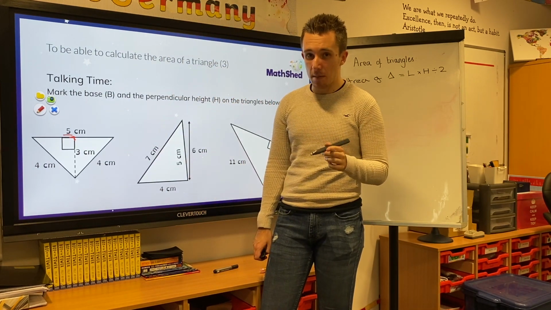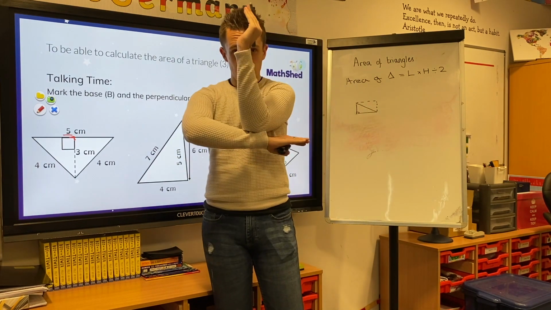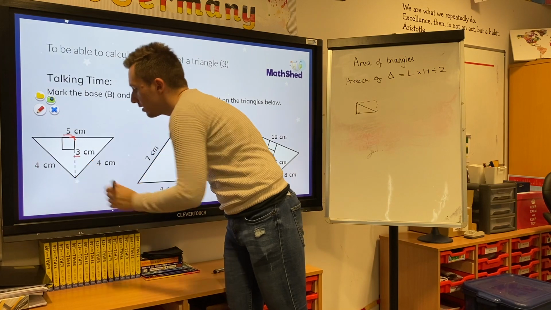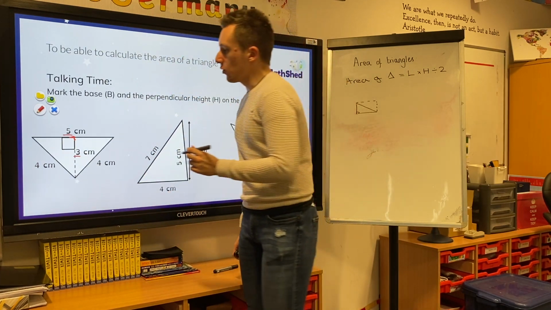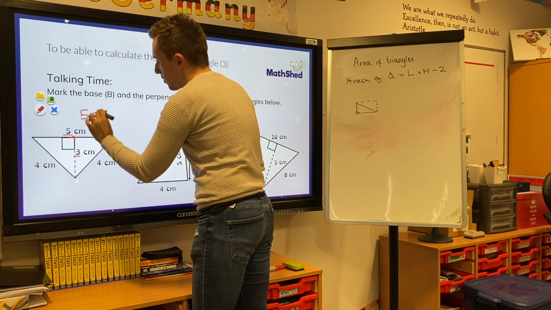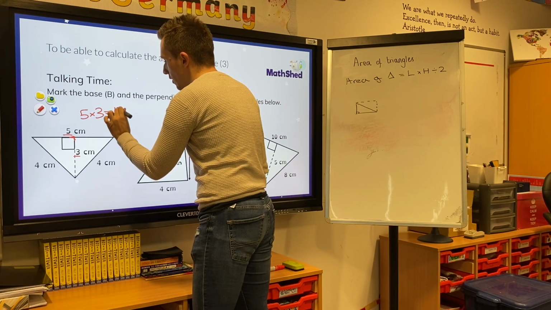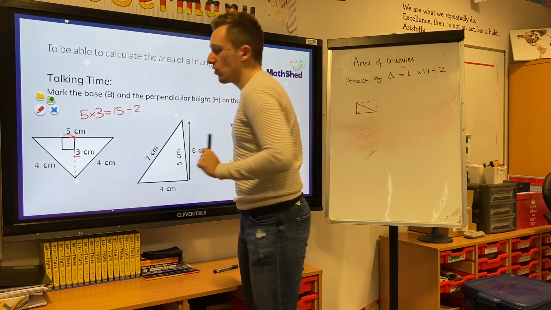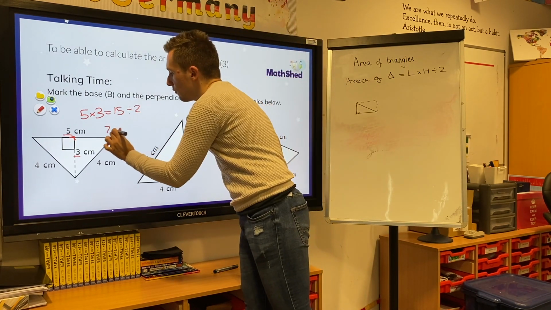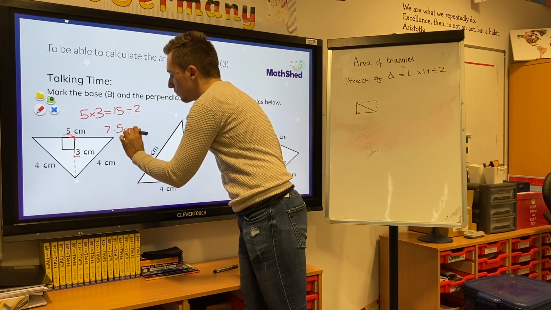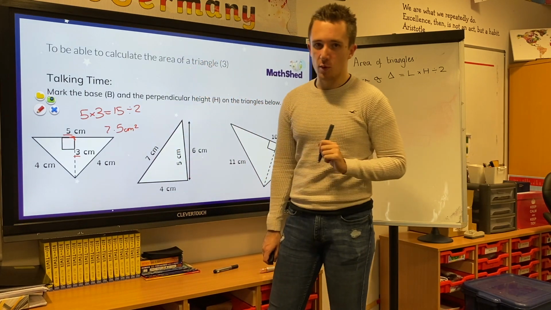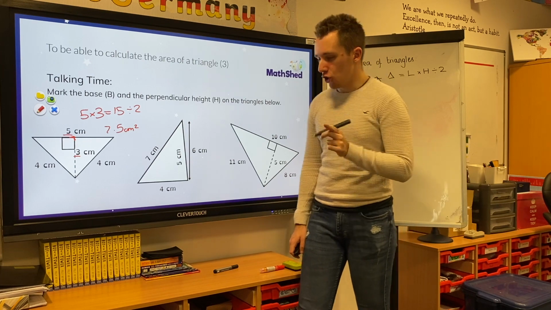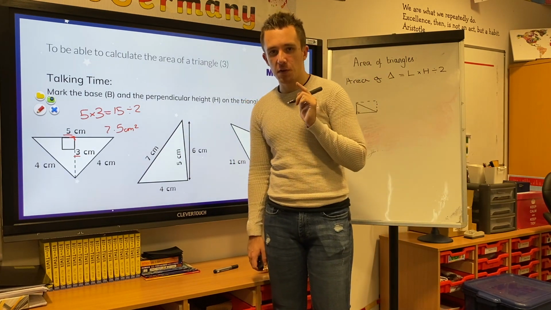The height, remember, is always a straight line. So the height has to be 3. So we would do 5 times 3, which is 15. And we would then divide that by 2, which is 7.5 centimetres squared.